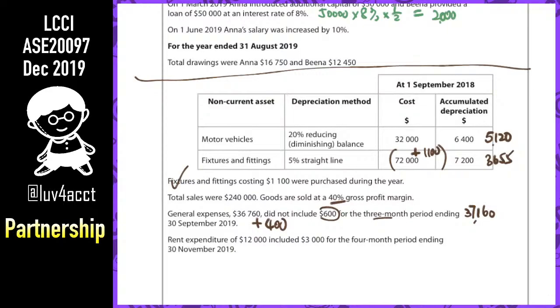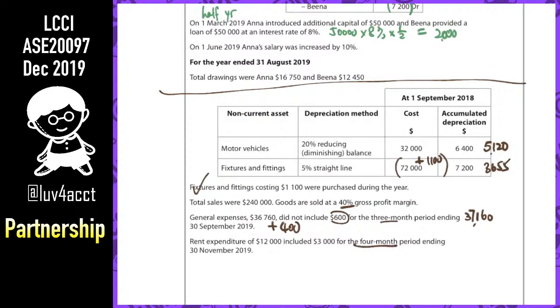Rent expenditure: 12,000 included 3,000 for the 4-month period ending 30th November. We have to see. The 4-month period includes September, October, November, and our year end is 31st August.